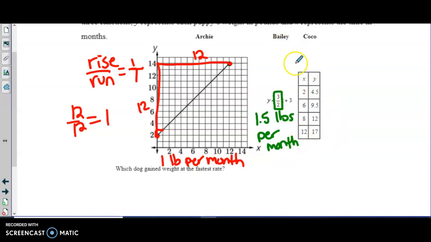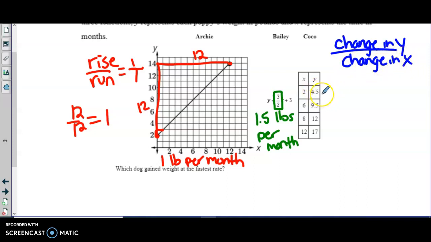All right, and then for the table, remember we can use the change in y over the change in x. So our y's go from 4.5 to 9.5. And if you don't automatically know that you're adding 5, you could always find the common difference. And the common difference says to subtract.